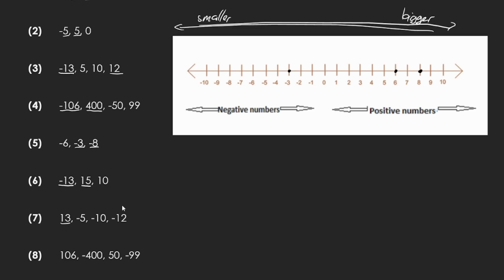The larger the number in the negative, the smaller it is. And this is the smallest. Lastly, 8, we have this set of numbers, 2 negatives. We have negative 400 as the smallest number. And between 106 and 50, we have 106 as our greatest number.